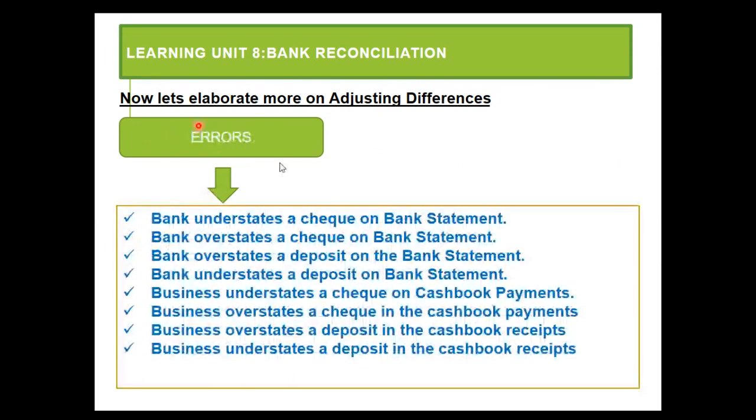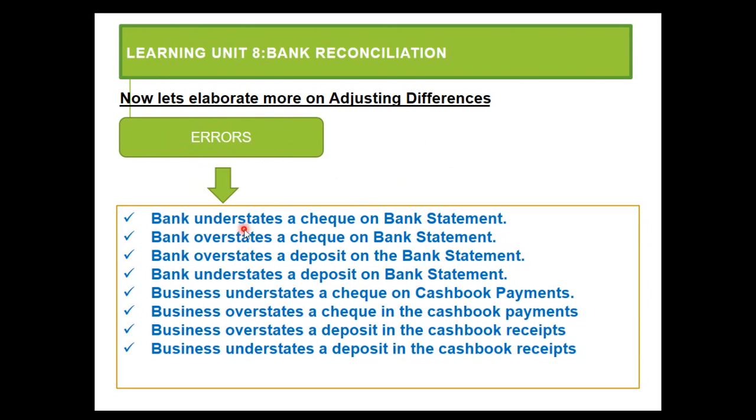Remember, sometimes we made errors. Remember, I told you that you need to check who made the error between our business and the bank. Errors made by our business, meaning made by our accountants, will be rectified in our cash books. But the errors which have been made by the bank will always be recorded on the bank statement. For example, here, if you can check, the bank understate.